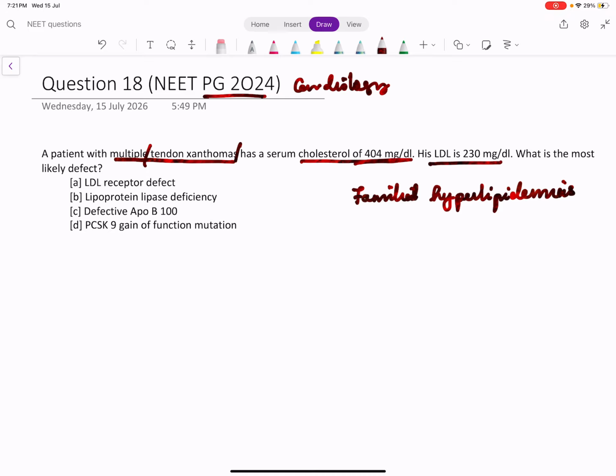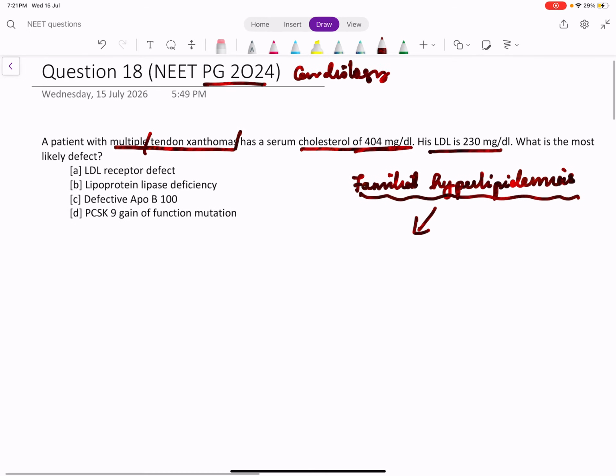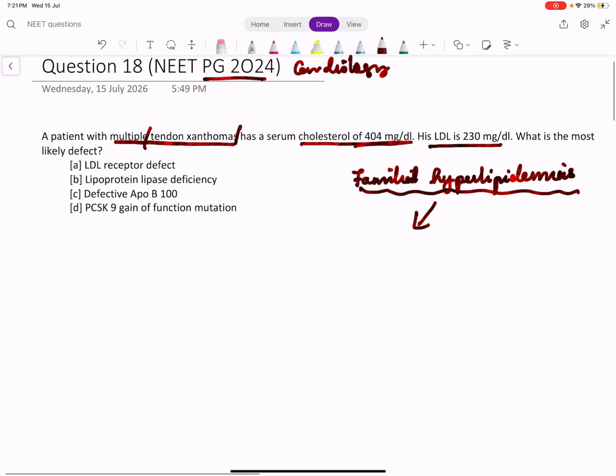If any of these variants is high, it is called familial hyperlipidemias. Based on the clinical clue, the genes, and the type of lipid which is high, it is of 5 different types. Fredrickson's classification. Tendon xanthomas are very, very typical of familial hypercholesterolemia.